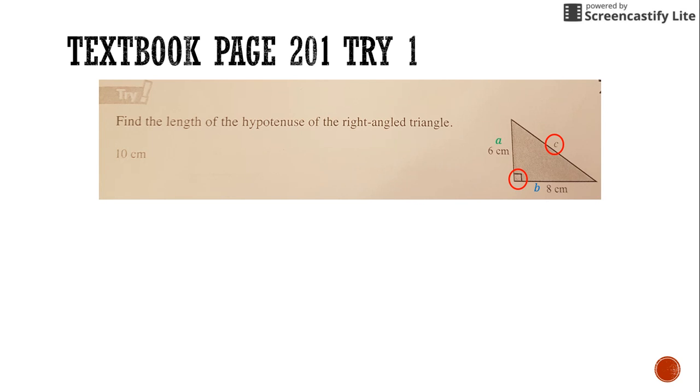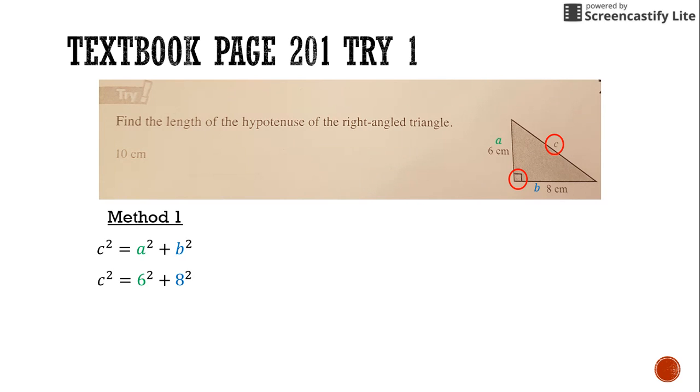Alright, so the first thing that we do for Pythagoras theorem is, as usual, we will state the cheat code first. There are two methods to do this question. I'm going to go through using the first cheat code, which is c squared is equal to a squared plus b squared. And c squared is what we like to find.